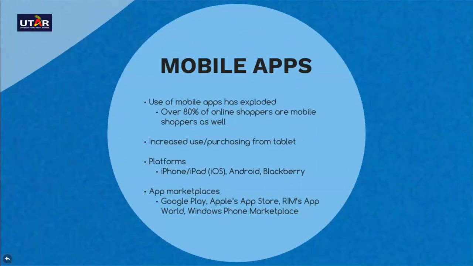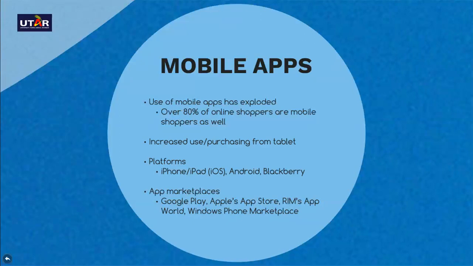So the next medium used to perform m-commerce or e-commerce is mobile apps. Over 80% of online shoppers are mobile shoppers as well, so use and purchasing from tablets is going to increase.